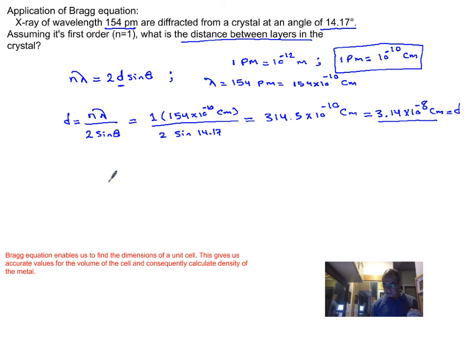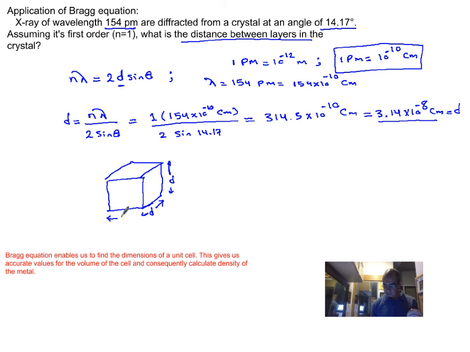So if the repeating units are cubes like this, now we have simply calculated the side of each of these cubes that my atoms are within. So we just calculated the d. d is also this side. It's also your width.